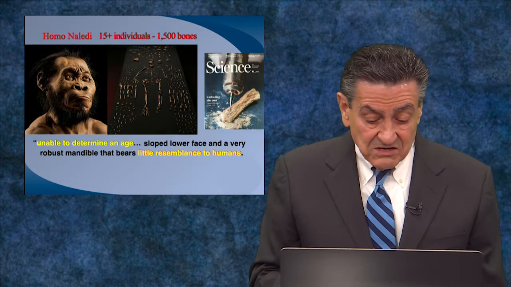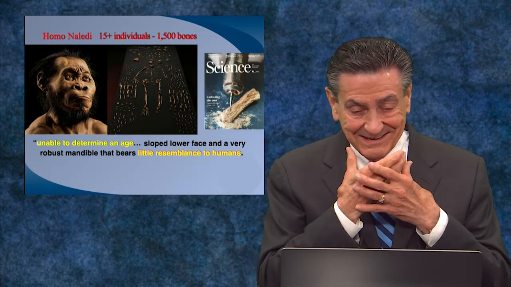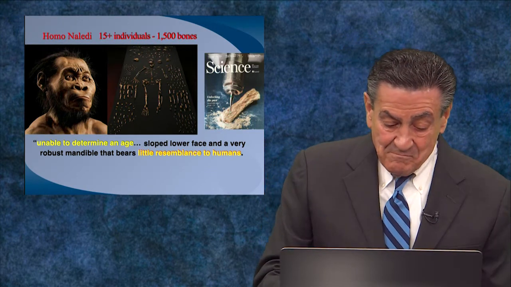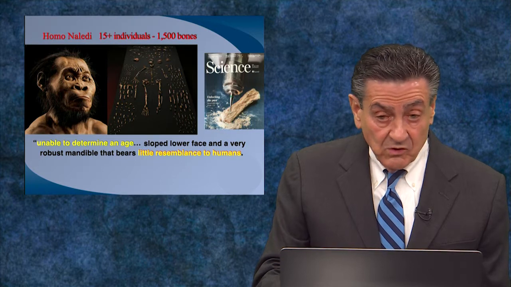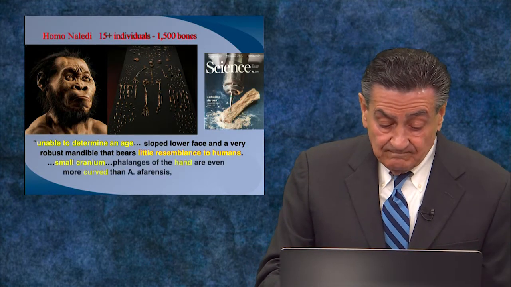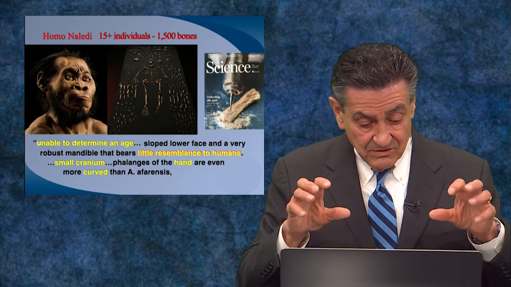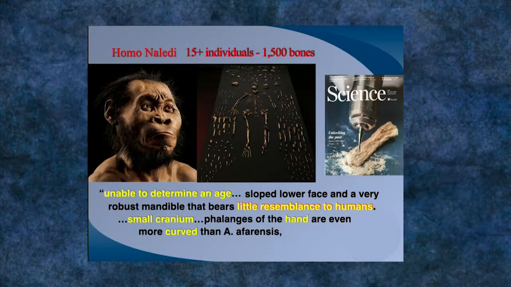The sloped face, very robust mandible, big like the ape, bears little resemblance to humans. Now, the Perot Museum says precisely the opposite. A small cranium, phalanges, fingers of the hand were even more curved than Australopithecus afarensis, that's Lucy.